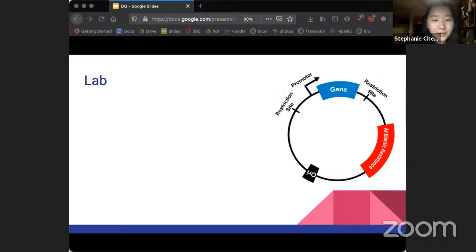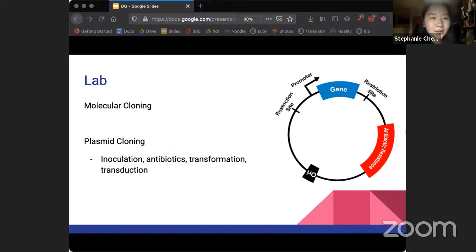And then also in designer genes, there isn't a lab section, but I thought that this is sort of what a lot of biology students do in the lab. And I considered a lab question on just cloning. So molecular cloning is inserting recombinant DNA into various host organisms and replicating them.